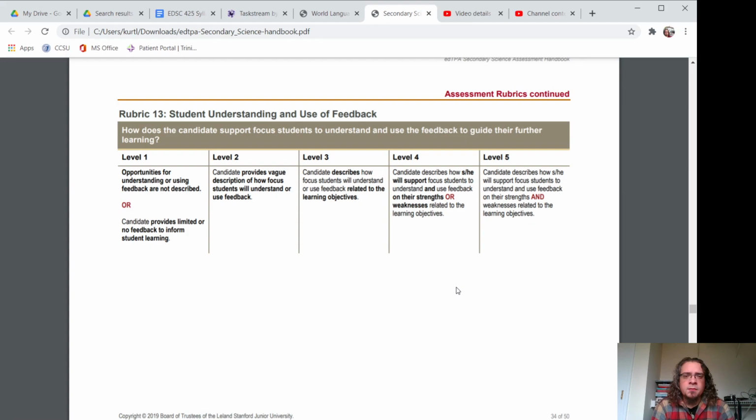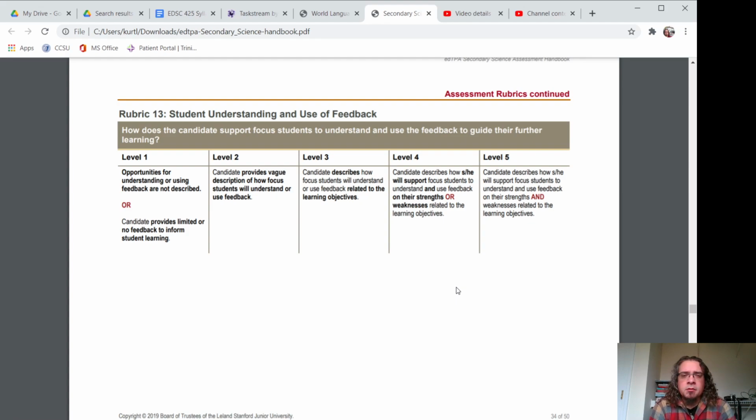And use feedback on their strengths or weaknesses. So this is similar to the last one where you have this sort of or situation when it comes to strengths and needs. You do one or the other. And then level 5 is you're doing both strengths and needs. In this case, they're using weaknesses. Not sure why they changed it from needs to weaknesses between these 2 rubrics, but whatever, it's the same meaning.